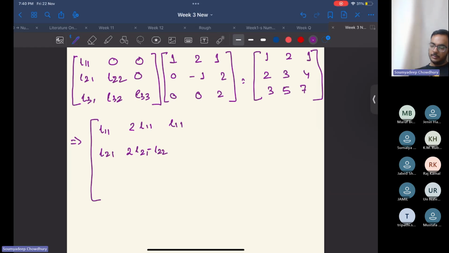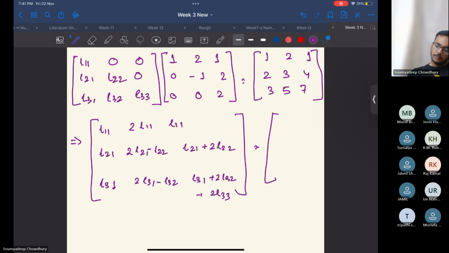Then we will get L21 plus 2L22. This one will be L31. This one will be 2L31 minus L32. This one will be L31 plus 2L32 plus 2L33. And that equals 1 2 1, 2 3 4, 3 5 7.